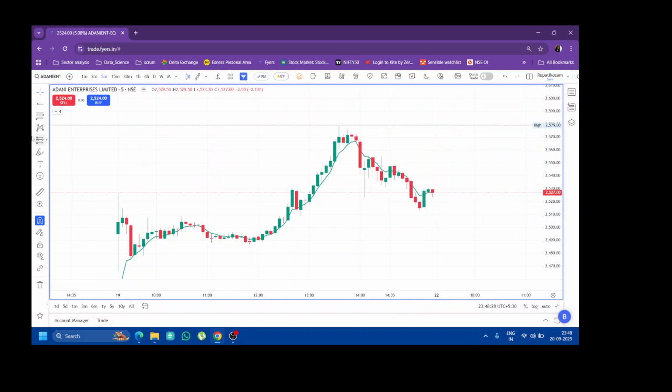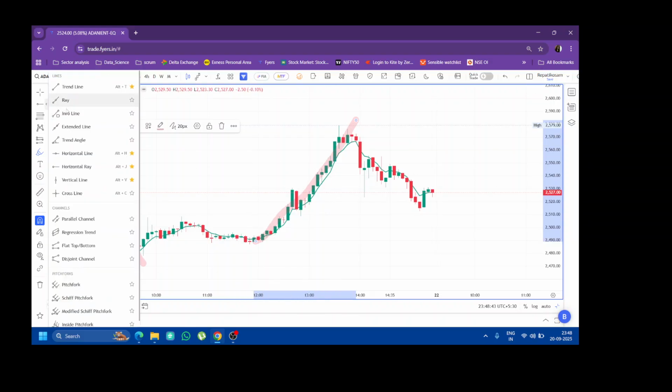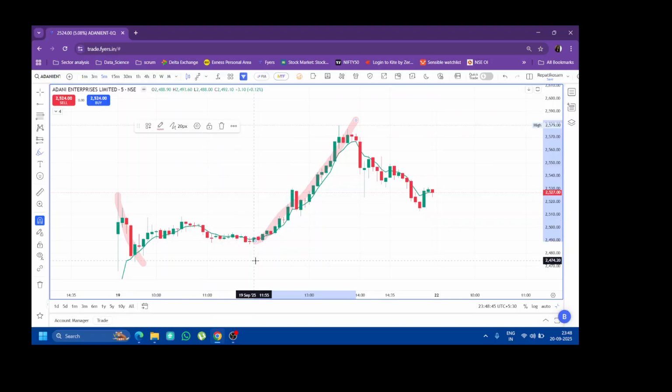So what we learned is, let me explain. Let me summarize a recap. Trend you should see like this. This is called a trend line, or this could be a trend line, right? You can use these trend lines and just draw them to identify this is a trend line.